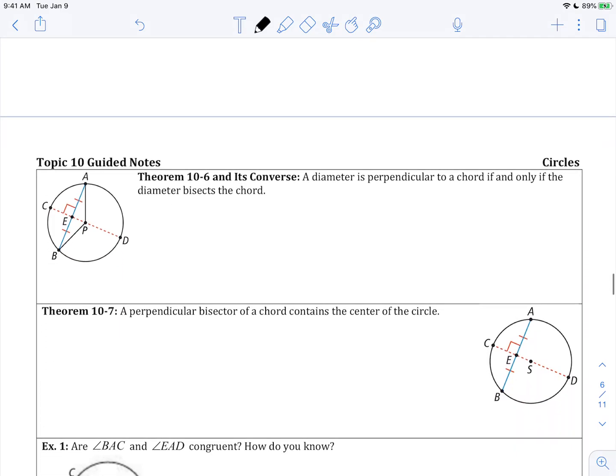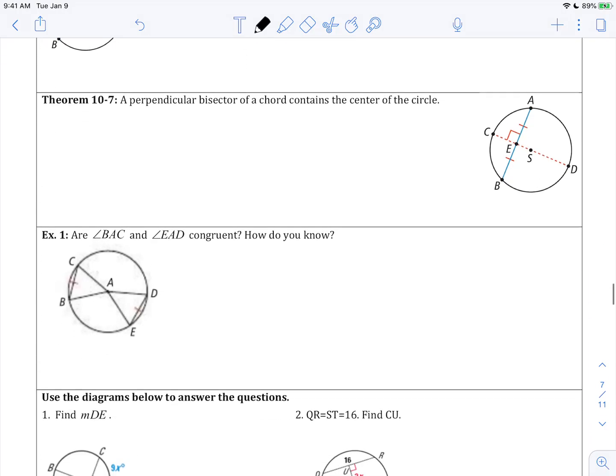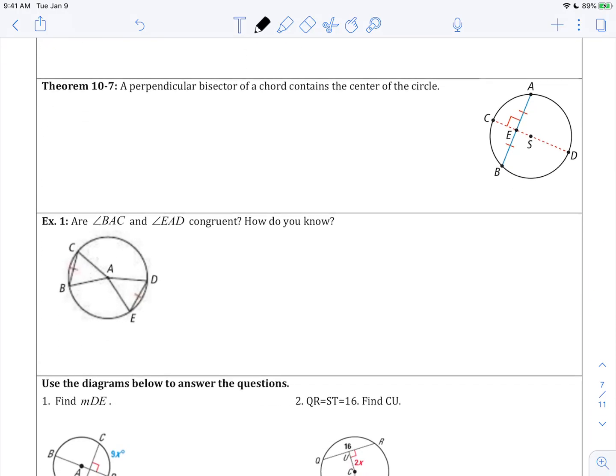All right. A diameter is perpendicular to a chord if and only if the diameter bisects the chord. Well, we see here that the diameter DC bisects this chord AB. So therefore, we know that DC is perpendicular to AB, right? Okay, and then last theorem here, a perpendicular bisector of a chord contains the center of the circle.